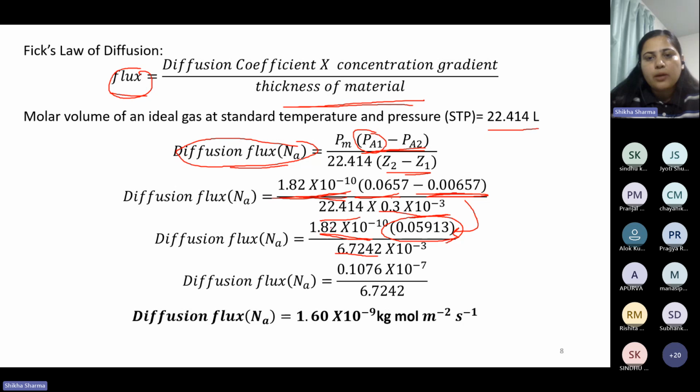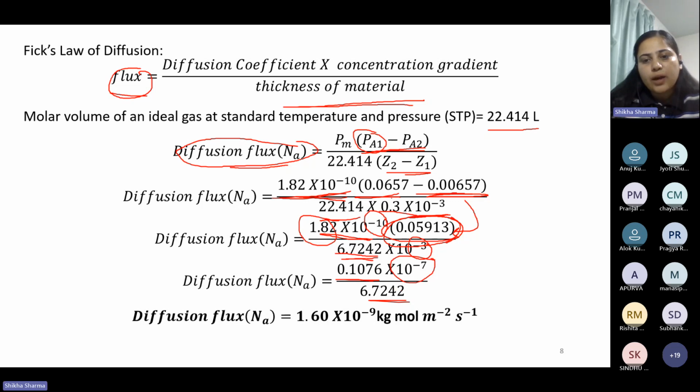So when we multiply 1.82, this value, into this value 0.05913, we are going to get 0.1076, then divide by 6.7242, the same value. Then it is 10 to the power minus 7 minus 10 and here minus 3, so the result will be 10 to the power minus 10 plus 3, which is 10 to the power minus 7.